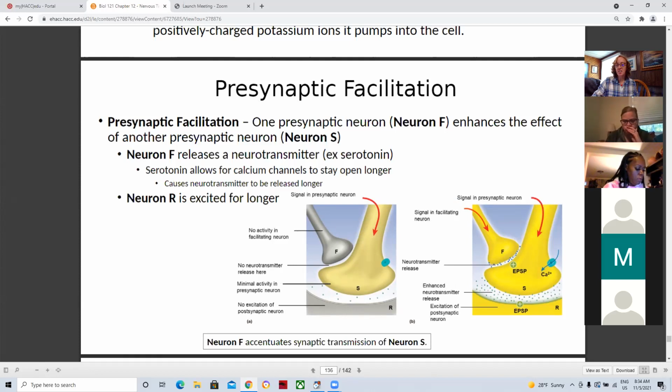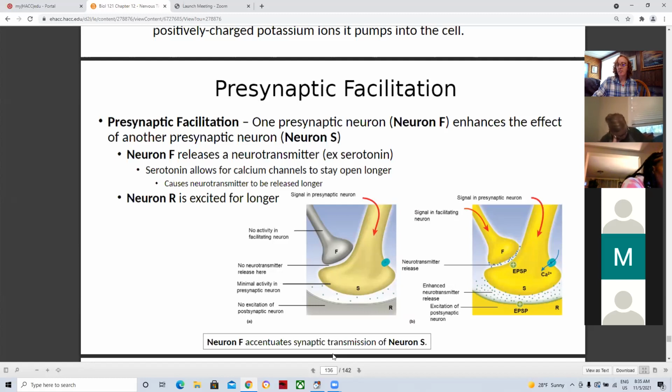If it's inhibiting, it's going to have a negative impact, and it's going to inhibit the effect of the next neuron. So with that in mind, one presynaptic neuron enhances the effects of another presynaptic neuron.